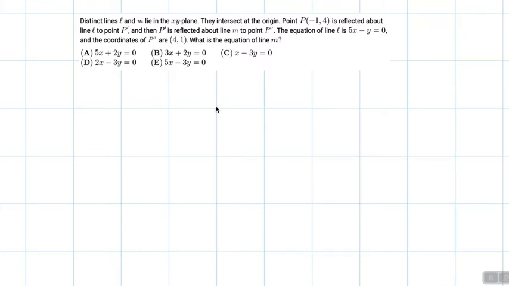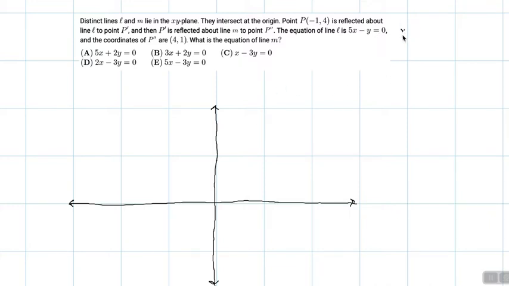So we can draw this out. So it'll be the xy plane. So line L, that's the same thing as y is equal to 5x. So that line goes through the origin, looking something like this.